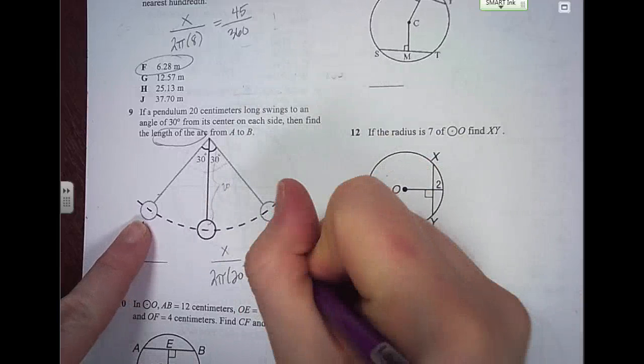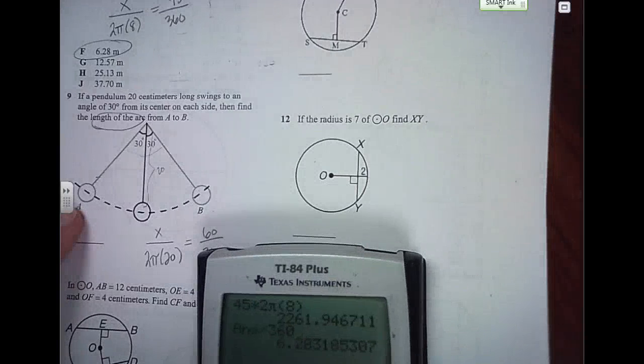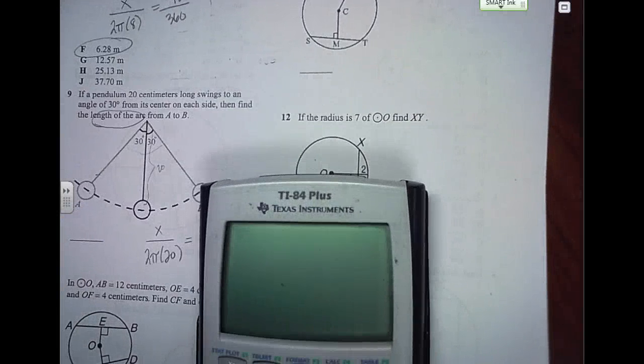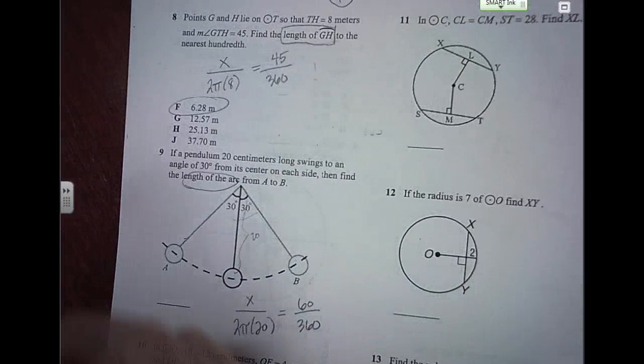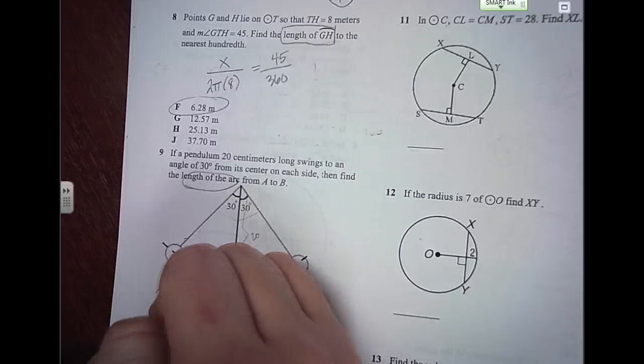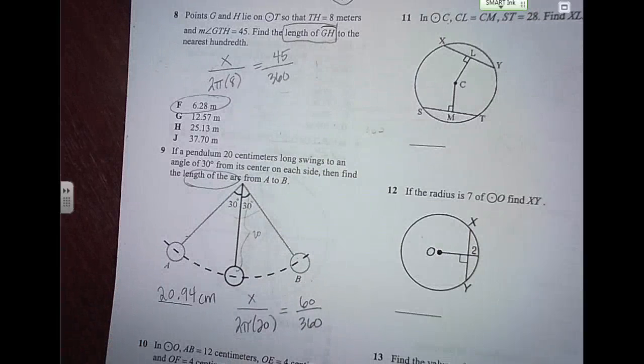So 60 over 360. So if we put that in, we get 60 times 2 pi times 20 divided by 360. So 20.94 centimeters is the length from A to B.